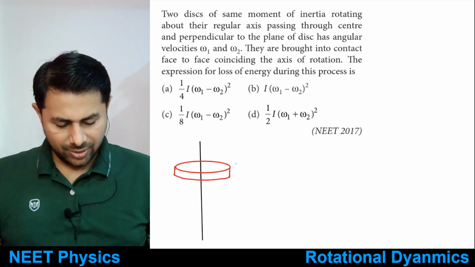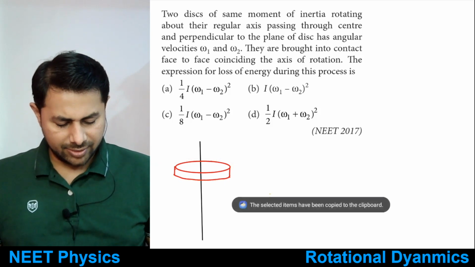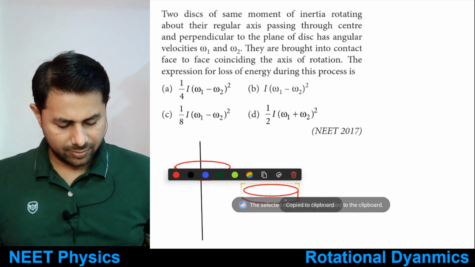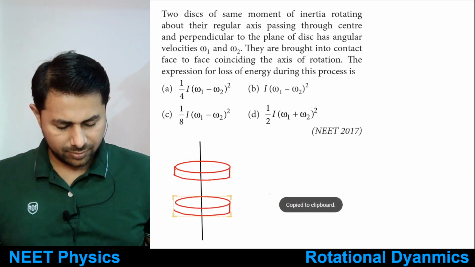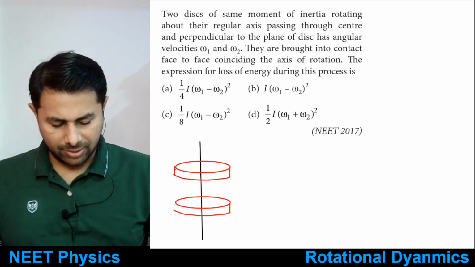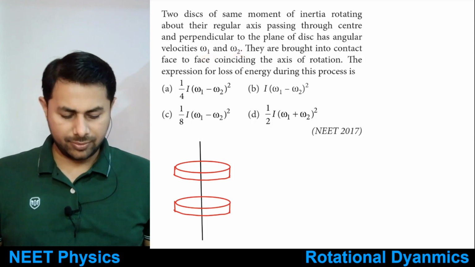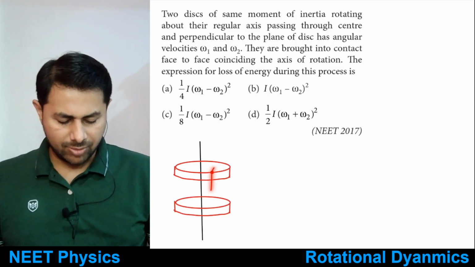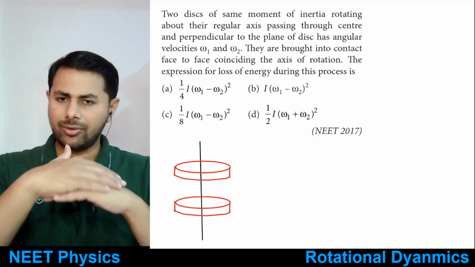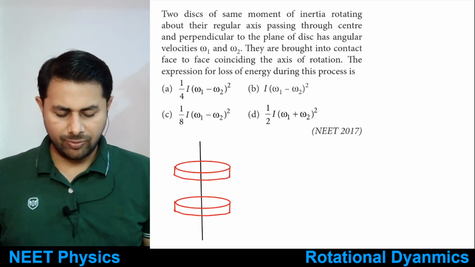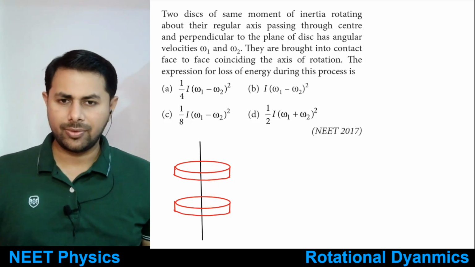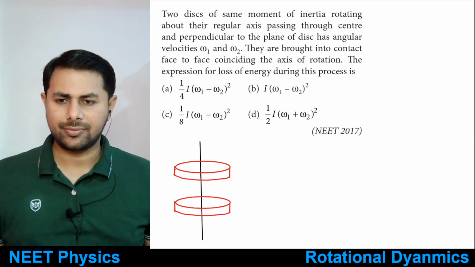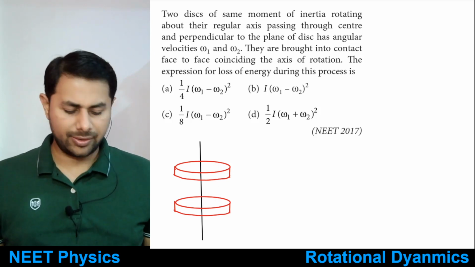And you have another disk, a similar disk, and they are rotating with angular velocities omega 1 and omega 2, right? And now they are brought in contact. One is kept over another. So then what will happen? How much would be the loss in kinetic energy? This is the question.